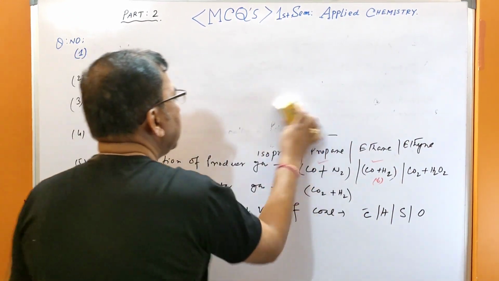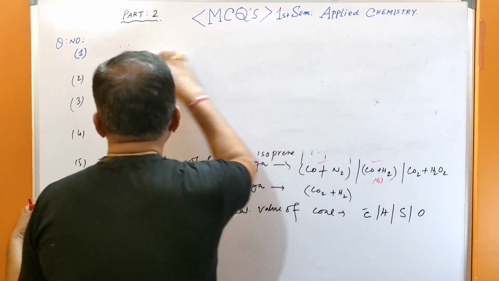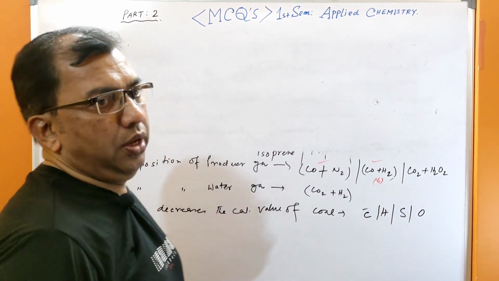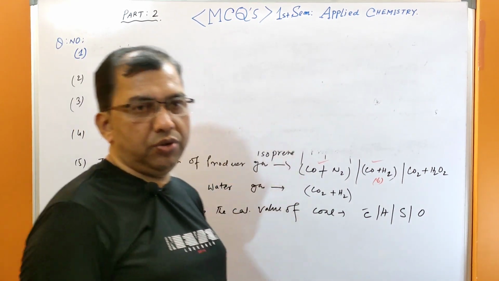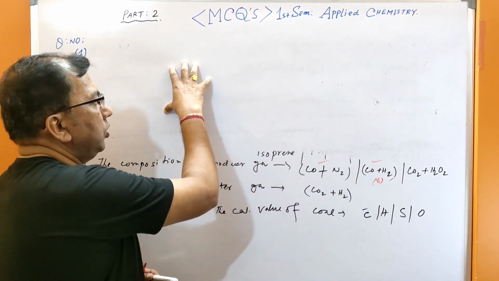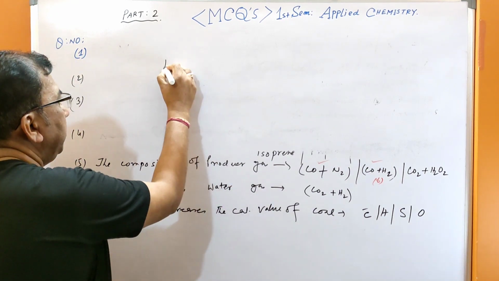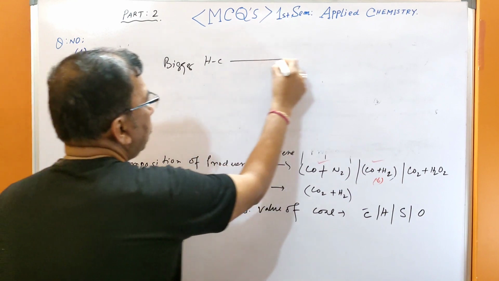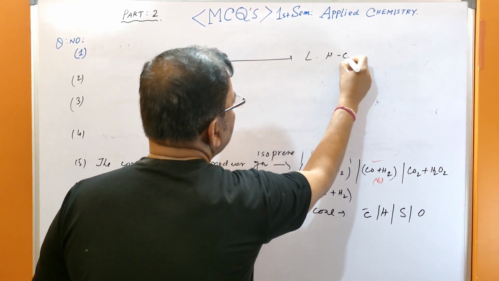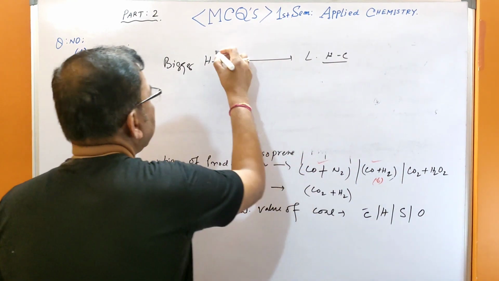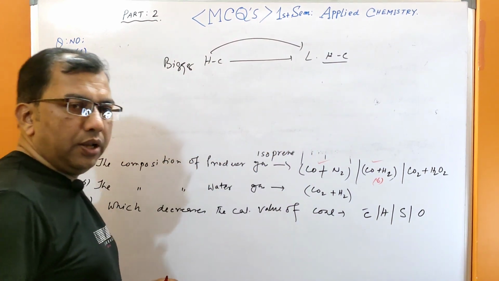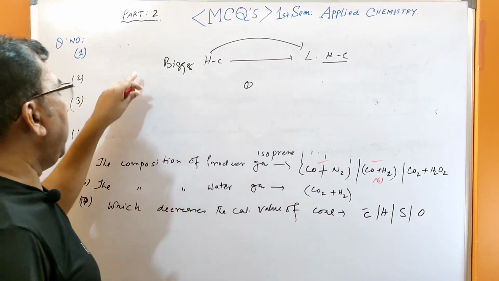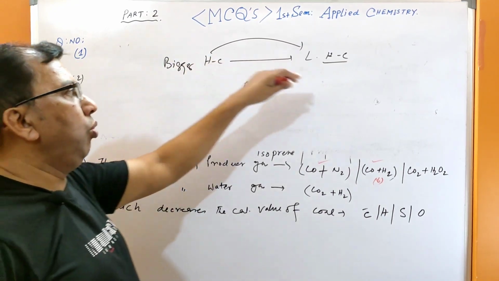The bigger hydrocarbons you have read in the classes, decane, heptane, octane. So bigger hydrocarbons to lower hydrocarbons. What is the process known as? Options will be given.